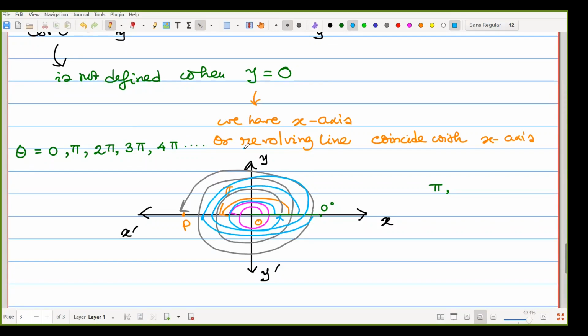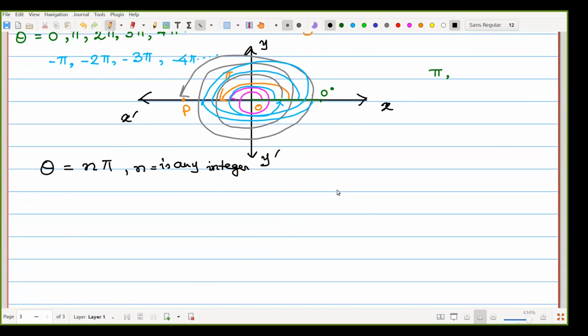In that way, it is proceeding. Or as in the positive, it may be minus pi, minus 2 pi, minus 3 pi, minus 4 pi, and continuing. So you may check here, theta means, we can write, theta means n pi, where n is any integer.